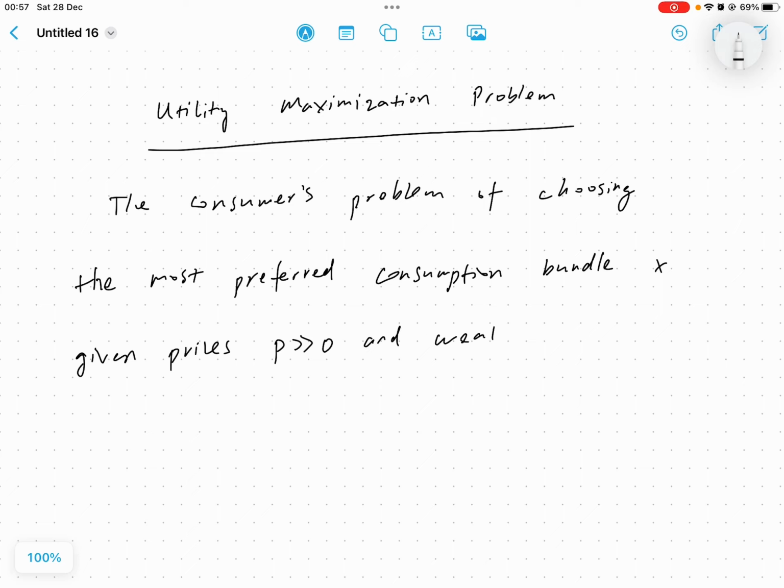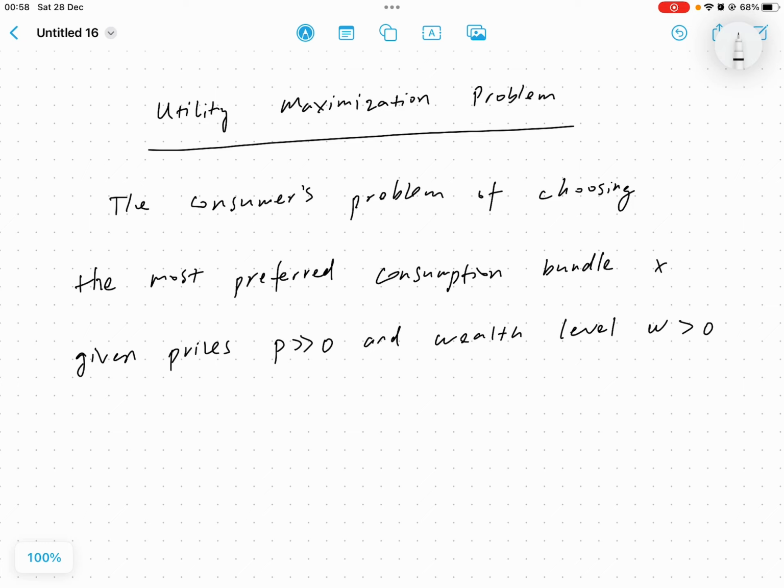And a wealth level, so this wealth level, we could regard this as income or cash or money, right? So that's how much this person has, W, which is a scalar.